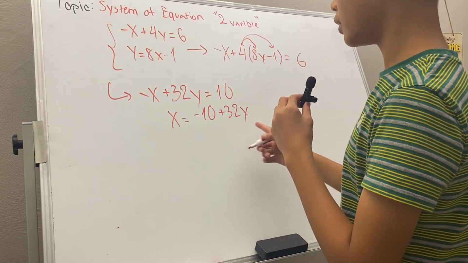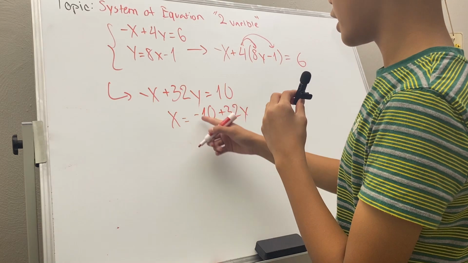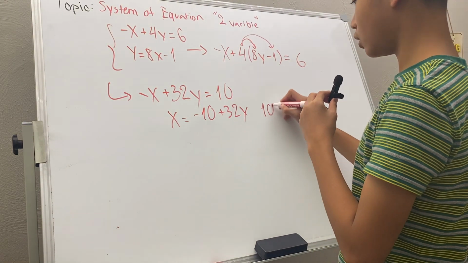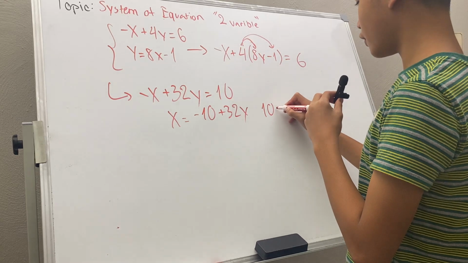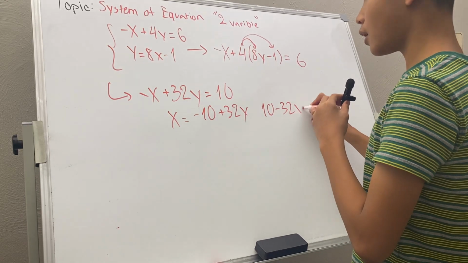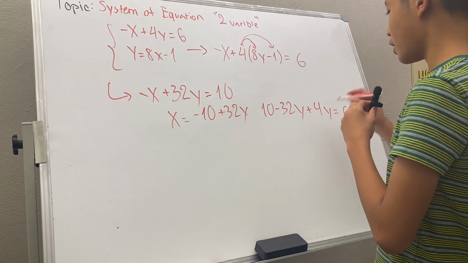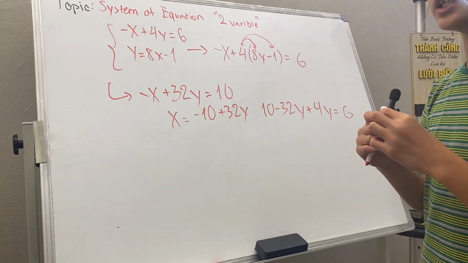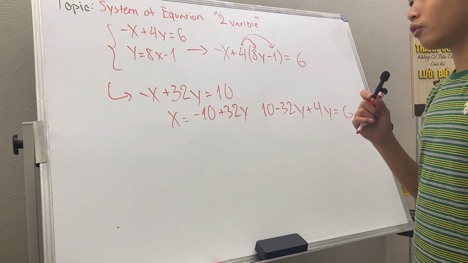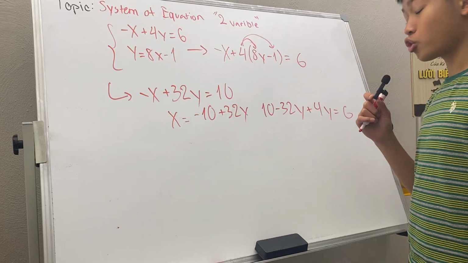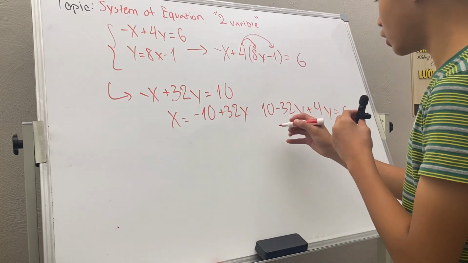So you get negative times negative equal positive 10, and this equals negative 32y, then plus 4y equals 6. Negative 32 plus 4 is negative 28y.